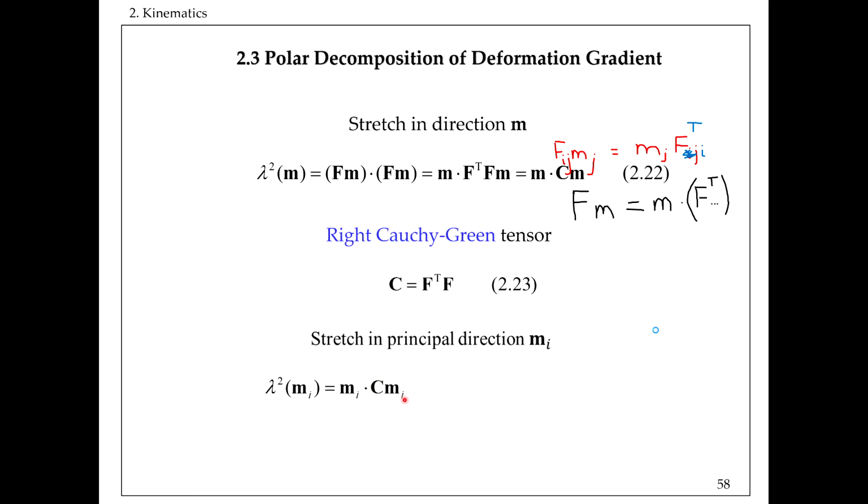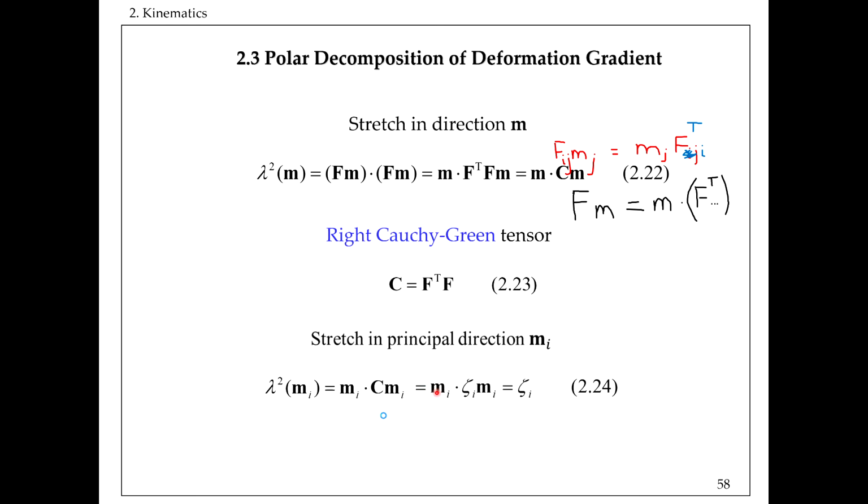If M is an eigenvector of the second order tensor C, that means C acts on that M and produces the same vector M scaled by some factor, and this factor is the eigenvalue, right? So if we just rewrite it, we can put it in this way.